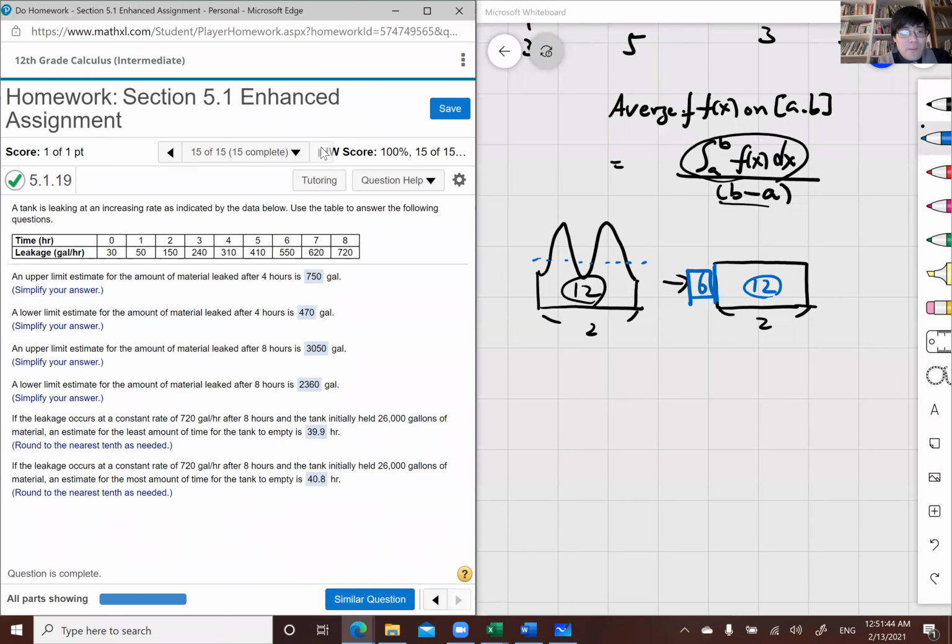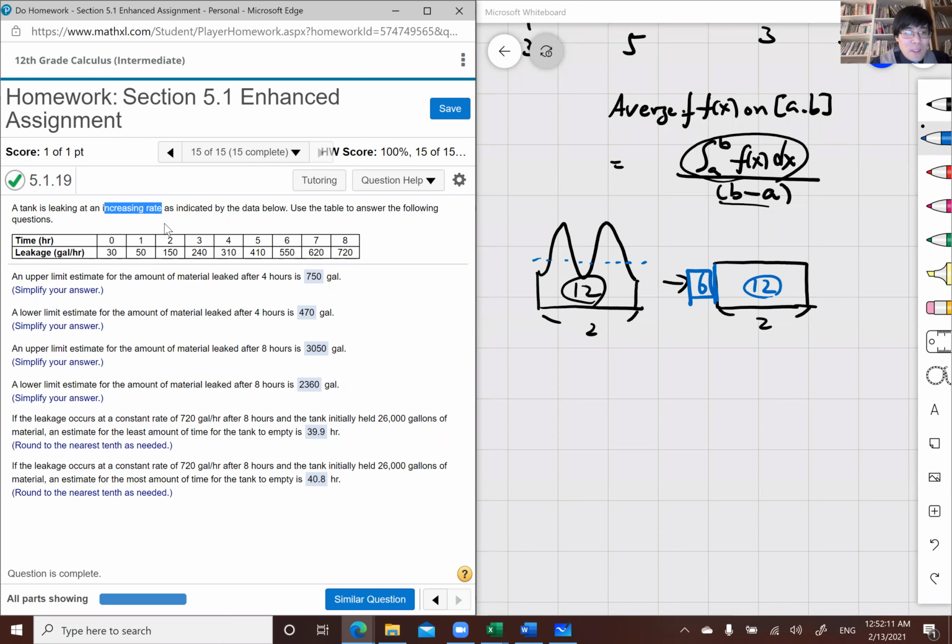Okay, finally, question number 15. A tank is leaking at an increasing rate as indicated by the data below. Use the table to answer the following questions. After 1 hour, 2 hours, 3 hours, the leaking speed, in gallons per hour, is increasing from 30 to 720.